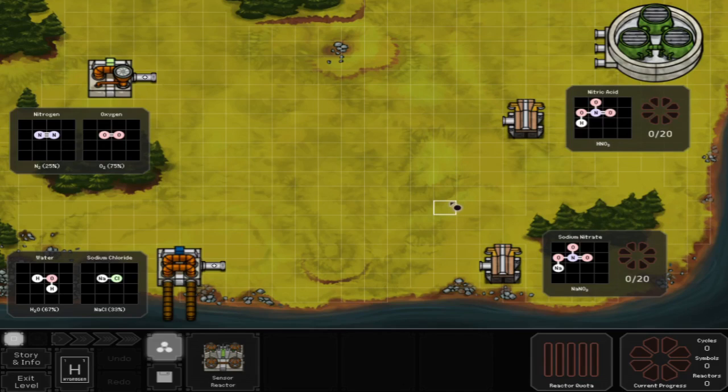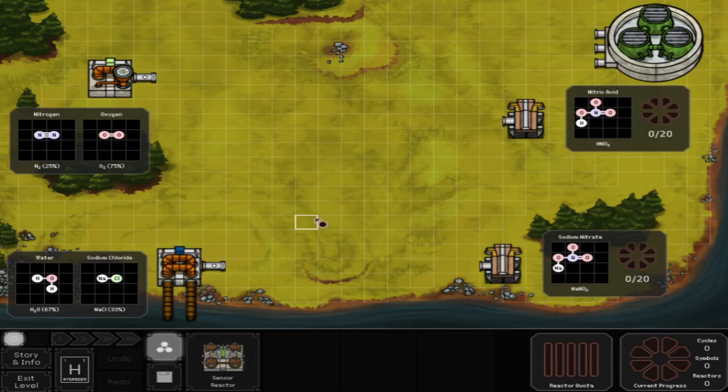So it almost seems like I'm gonna need maybe 2 reactors up here, putting the nitrogen and the oxygen together. I'm going to need a reactor down here to handle the water and the sodium chloride, and then I'm going to need a reactor or 2 to actually put the 2 results of these guys back together.